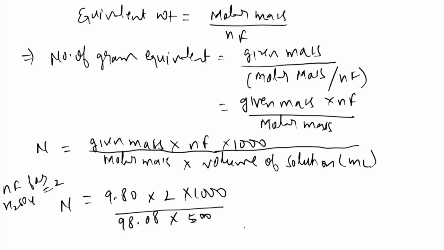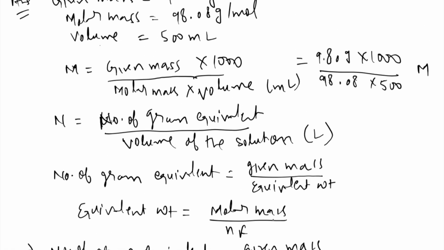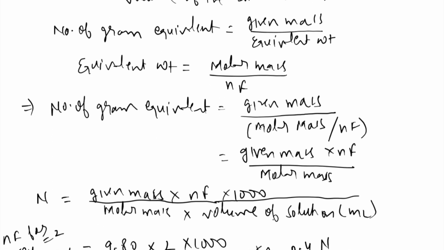Okay, so this is the final formula. If we solve this, the answer would be around 0.4 normal. Okay, so don't get confused, just try to remember the basic formula and keep putting values into the standard formula and you will get the answer.